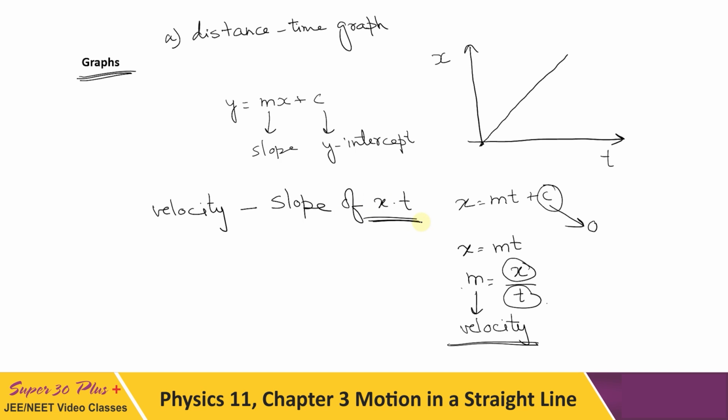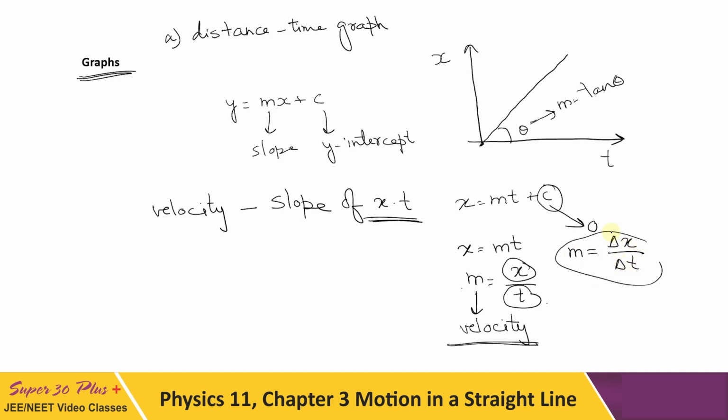As in the given graph, you can see that the slope is constant throughout. You must know how slope is calculated. If this angle is theta, then the slope can be calculated as m = tan theta. Or you can use the general method, that is change in x upon change in t.